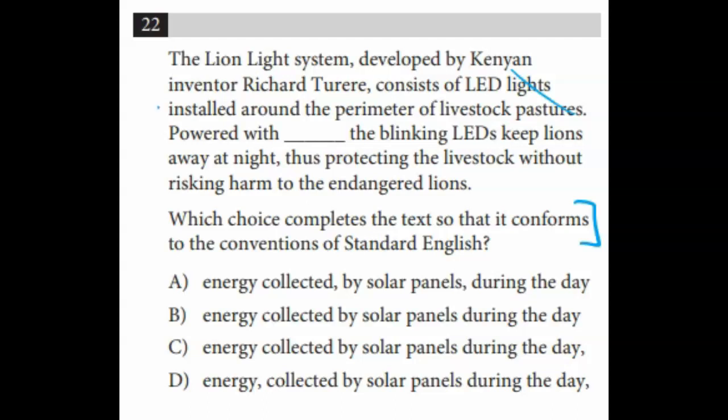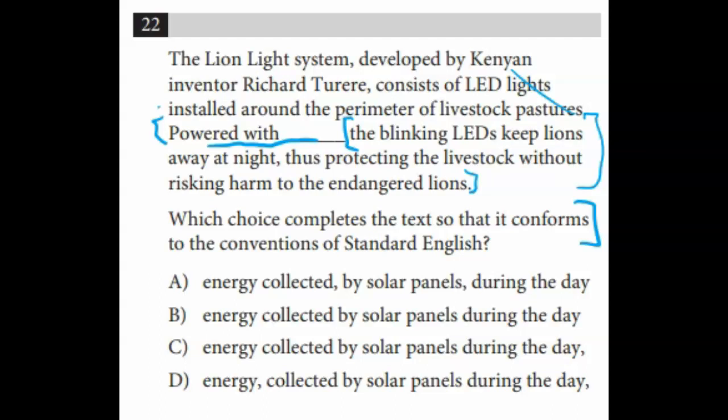Sweet. So immediately I see a subordinate clause and a main clause. Once again, the subordinate clause is going to be powered with energy collected by solar panels during the day. That's all one clause. And then the main clause is going to be the blinking LEDs keep lions away at night, thus protecting. Because the difference between a main clause and a subordinate clause is that the main clause can stand by itself.